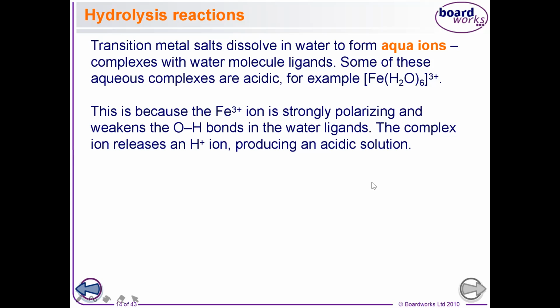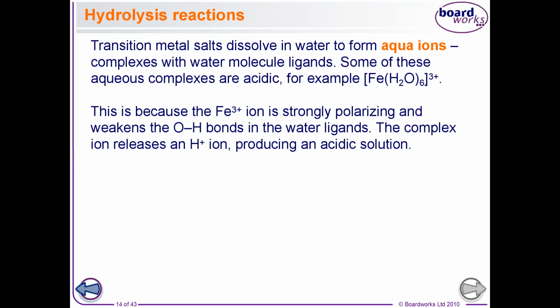So, when iron is in the aqueous state or in the aqueous solution, this forms an acidic complex. Why? Because iron 3+ ions are strongly polarizing, and this makes the oxygen and hydrogen bond break in the water ligands.